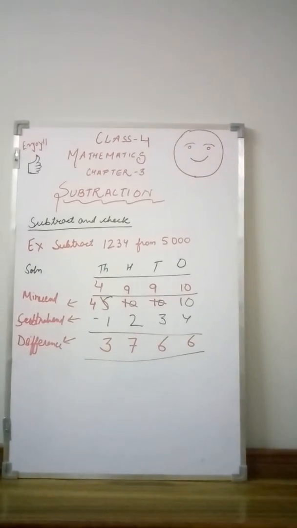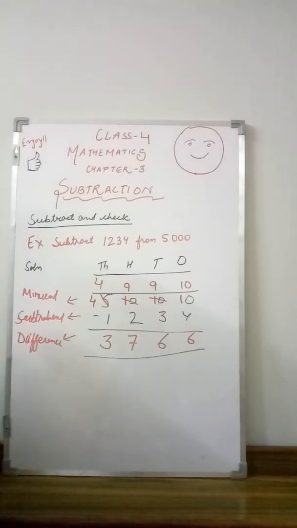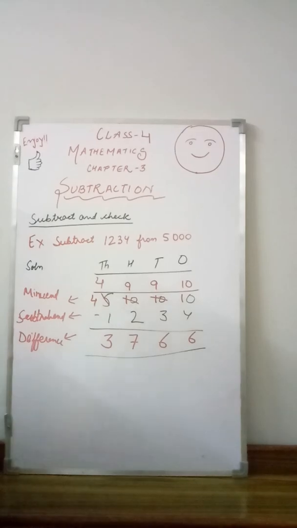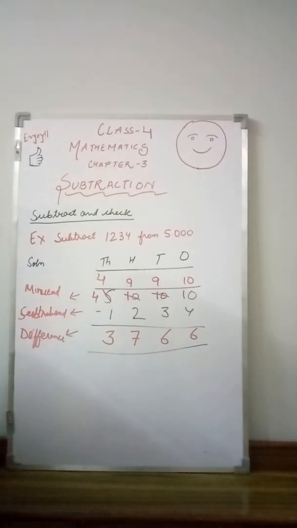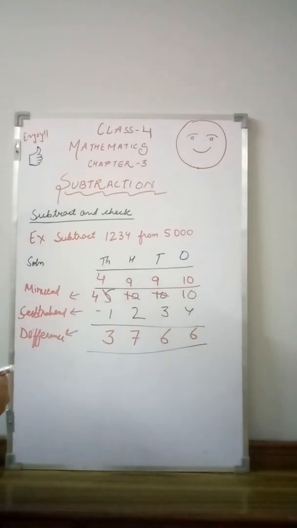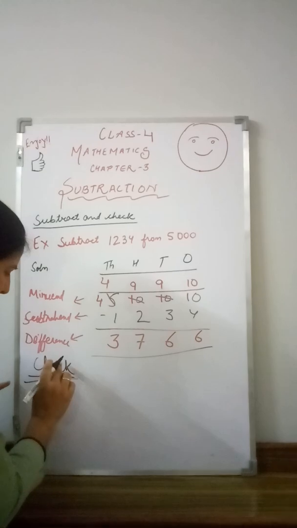We have a method, student, because subtraction is a repeated addition. So to check, we have to do an addition question. What is the method of check? How to do the check of the question?